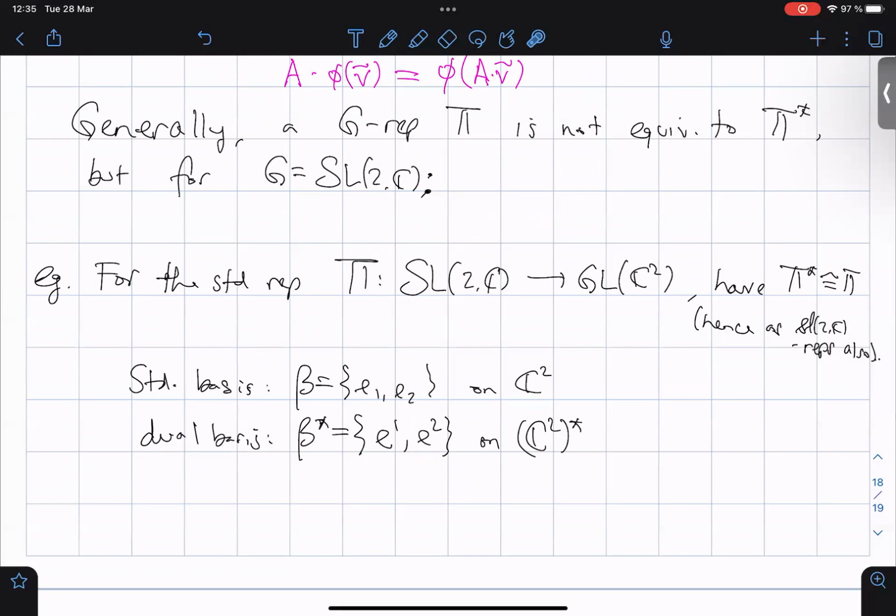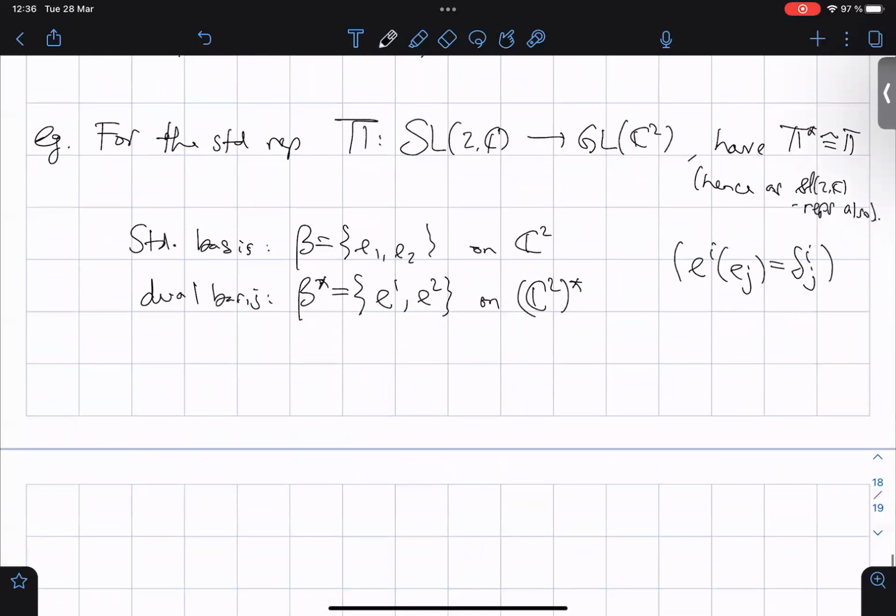So dual basis means that when you evaluate this on this, it's 1. When you evaluate this on this, it's 0. When you evaluate this on this, it's 0. When you evaluate this on this, it's 1. So we have E^I evaluated on E_J is a Kronecker delta.